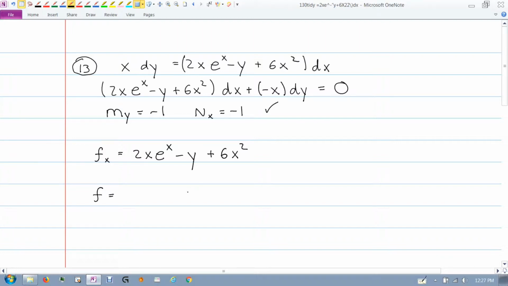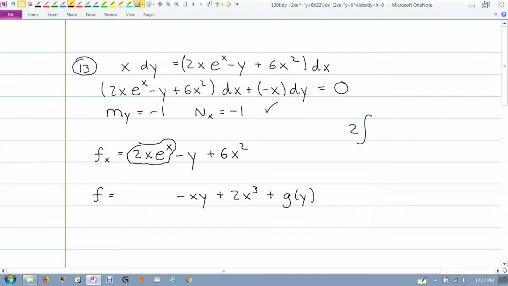And let's see, a couple of these terms are pretty easy. Minus yx here, and then this one is plus 2x cubed, and then we have plus some function of y. But we have to integrate 2x e to the x. I'll take the 2 out, it'll require integration by parts. So I'll just do a quick by parts here.